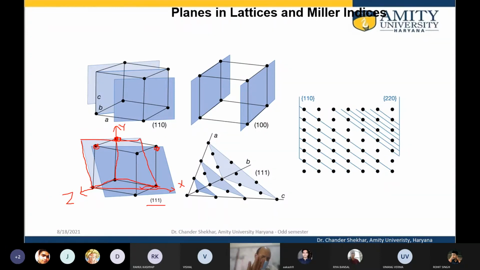So it is inclined and intersects all the axes at the same distance. This is a 111 plane, and this is parallel to this plane, so this is a kind of family of planes.